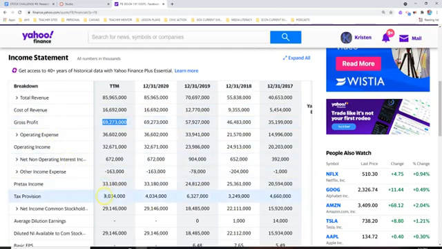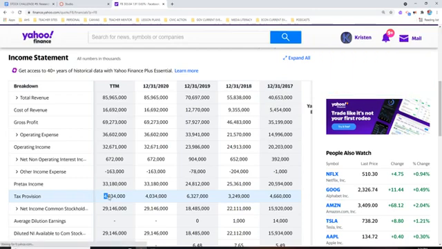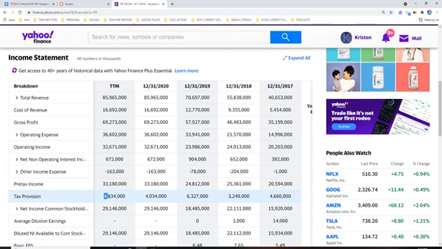So as you can see here, Facebook paid $4 billion in taxes. While that's a lot, I'm not sure that that's actually 21%.